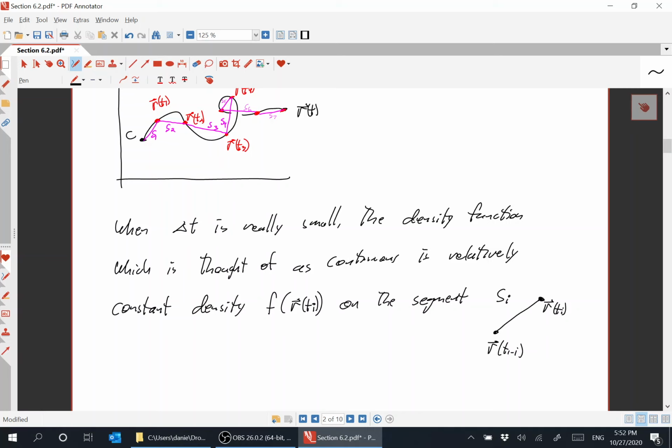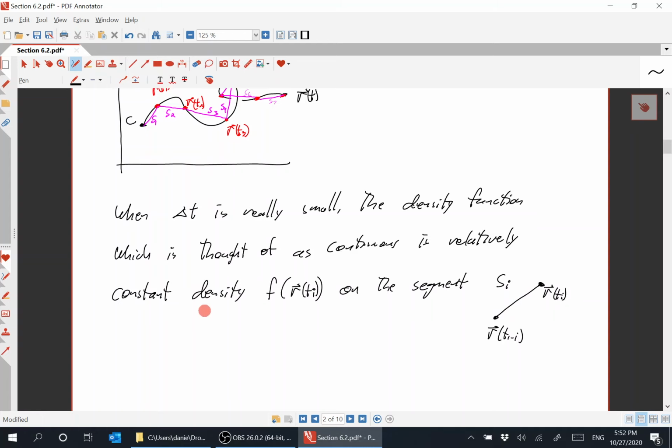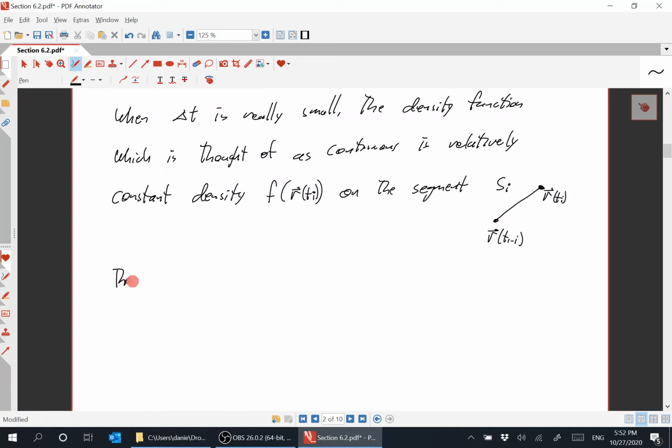Therefore, the total mass of this little segment s_i is approximately f of r of t_i times the length of s_i.